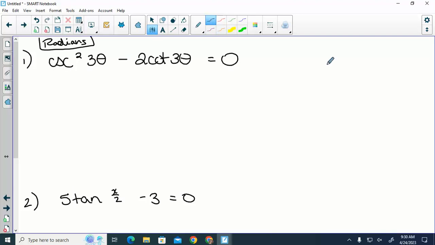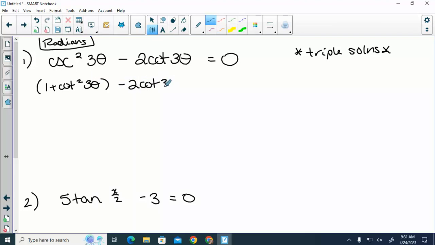Alright, so the first one. Both of these are 3 theta, which tells us what? Trig solutions. Okay, but the trig functions are different and we can't factor them. So what could we do instead? So that's cotangent squared 3 theta minus 2 cotangent 3 theta plus 1 equals 0.